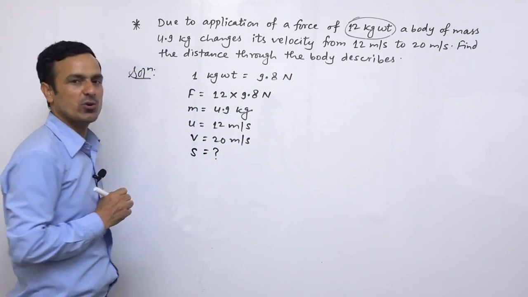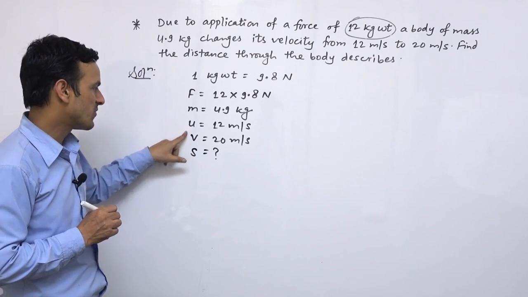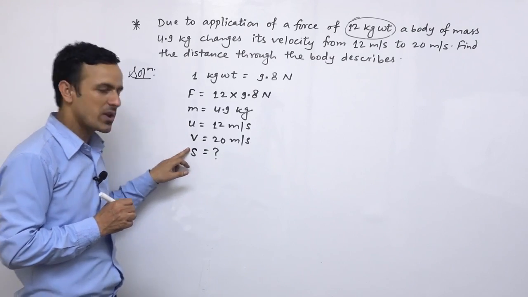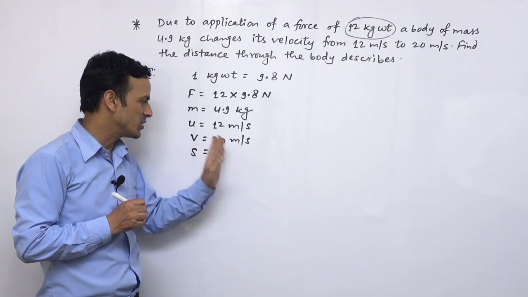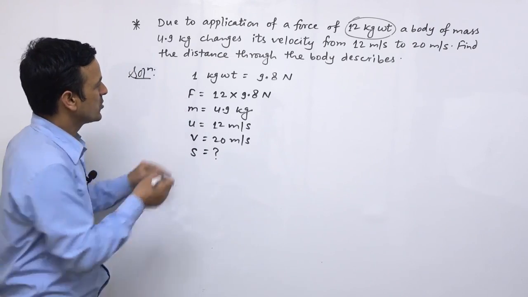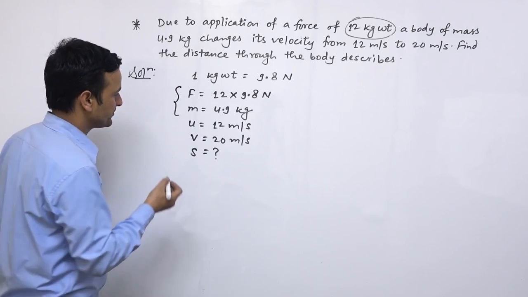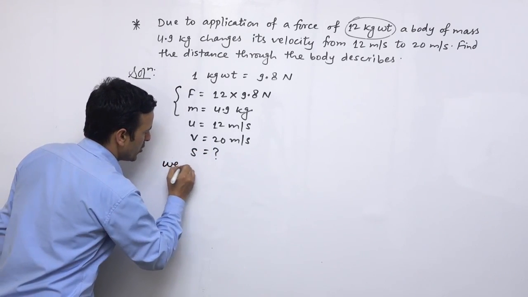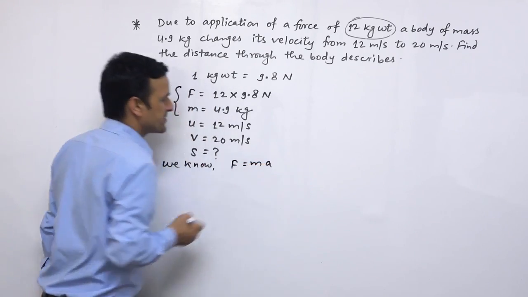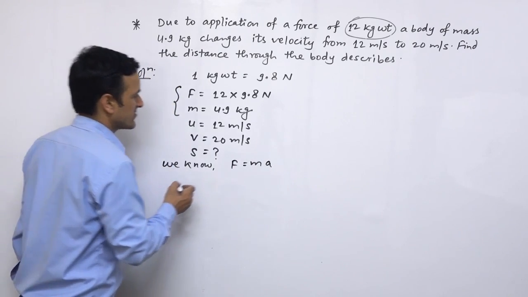So we have to find the distance. So S is equal to what? From this information, first of all, we have to find the value of A. If we have U, V and S, we can apply V square is equal to U square plus 2AS. But we don't know the value of A over here. So from these two pieces of information, we can find out acceleration. We know F is equal to M times A. This is the formula of force, mass into acceleration.